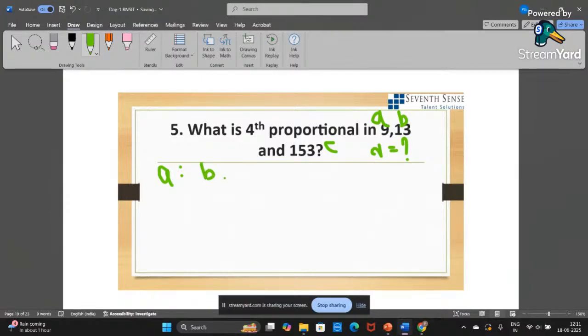A is to B is to C is to D. This can be written as A is to B equates to C is to D.